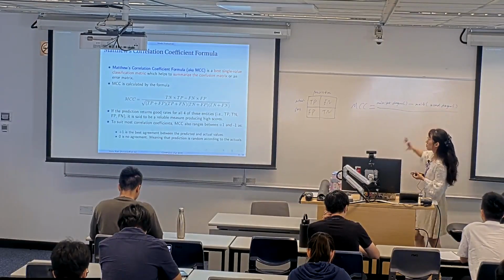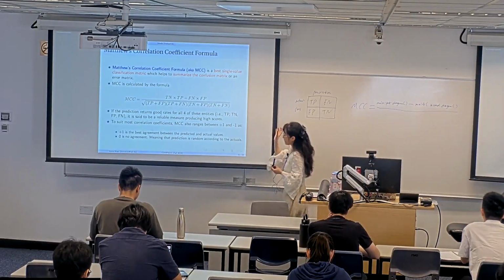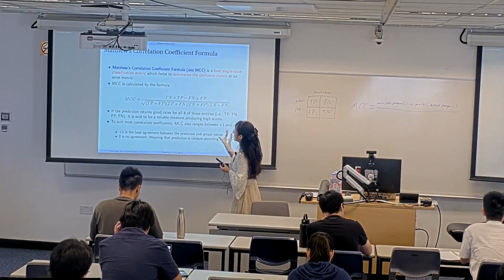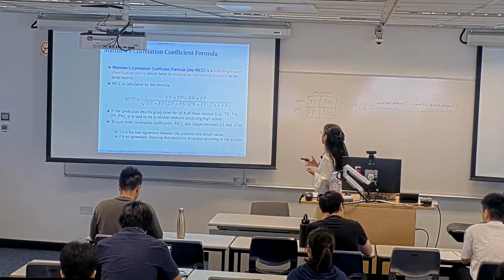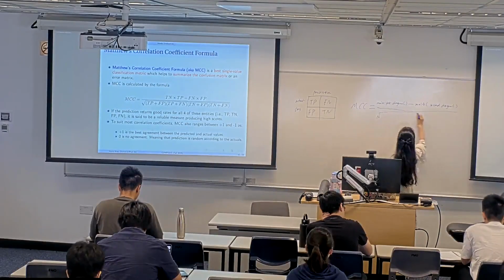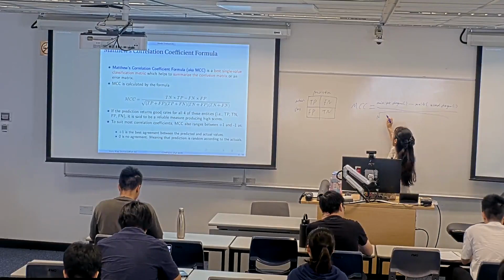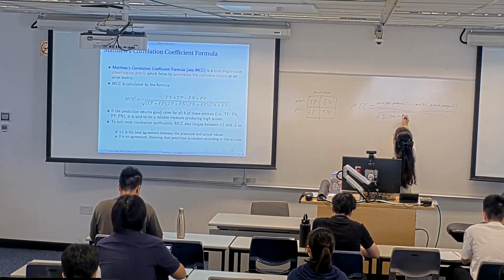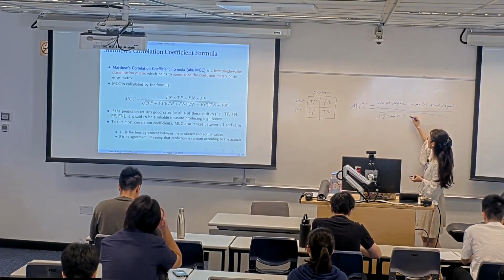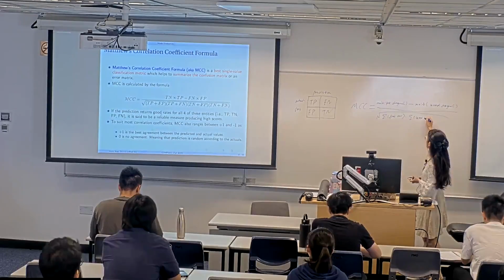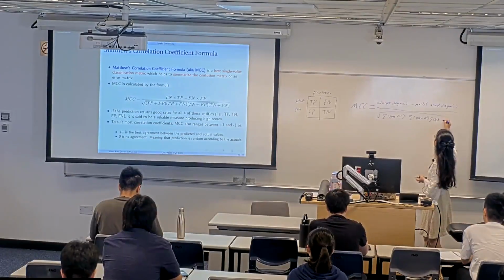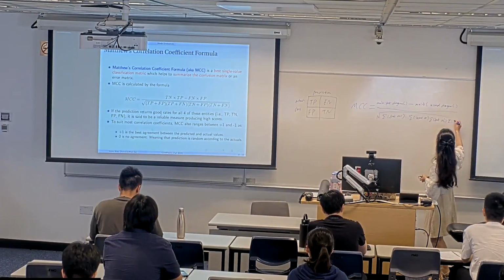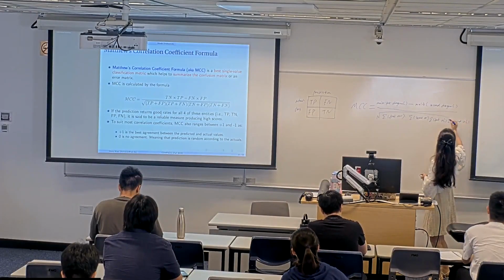Then what is the denominator? Even though the denominator seems complicated, the square root of these 4 things together, if you look at the confusion matrix, basically it's the square root of the sum of the first row times the sum of the second row, then times the sum of the first column times the sum of the second column.